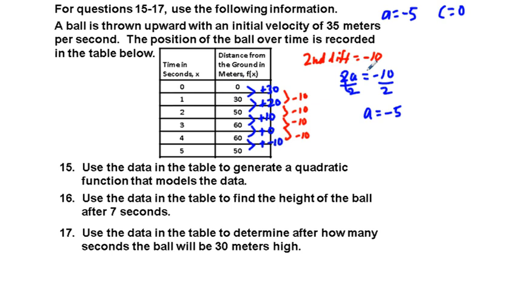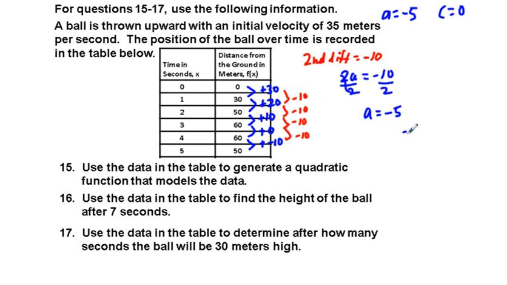B, how do we get b? Well, b is going to be equal to the difference between our first difference and our second difference. Our first difference between where x equals 1 and x equals 0 is 30.